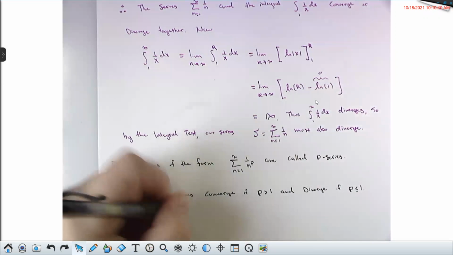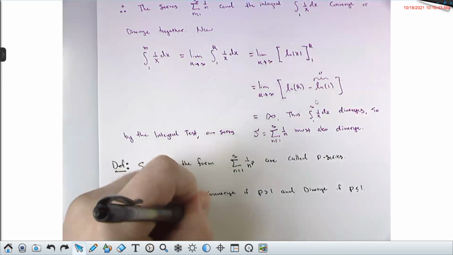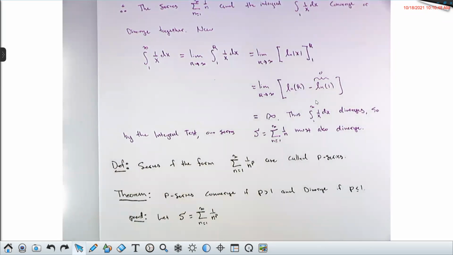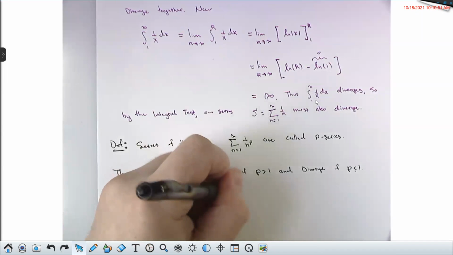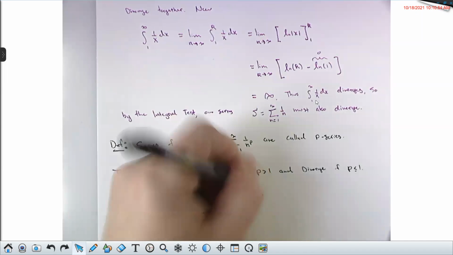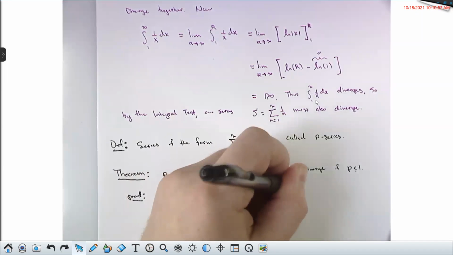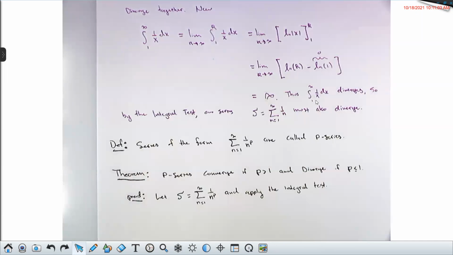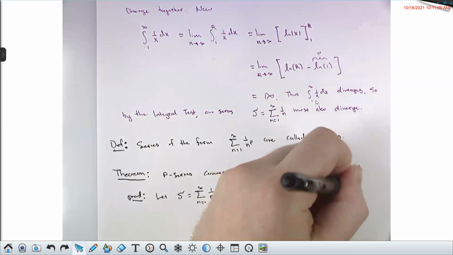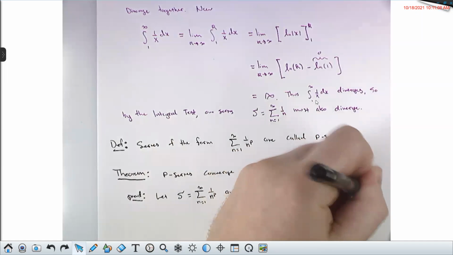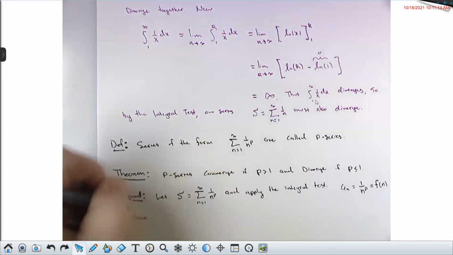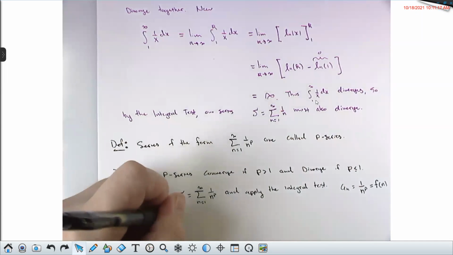Let S be sigma n from 1 to infinity, 1 over n to the p, and apply the integral test. An in that series is 1 over n to the p, which is equal to f of n, where f of x is 1 over x to the p.